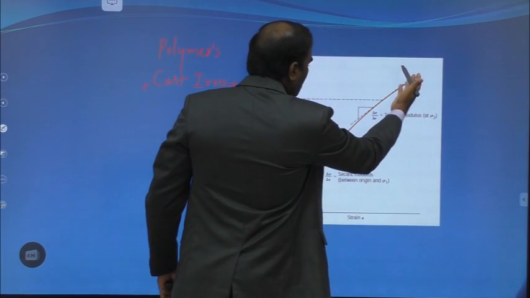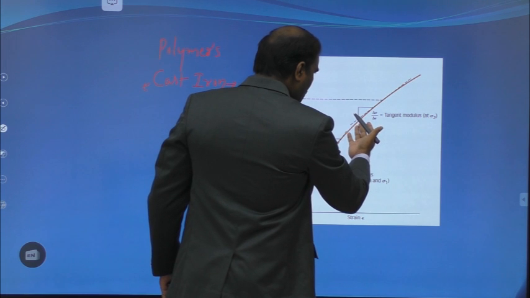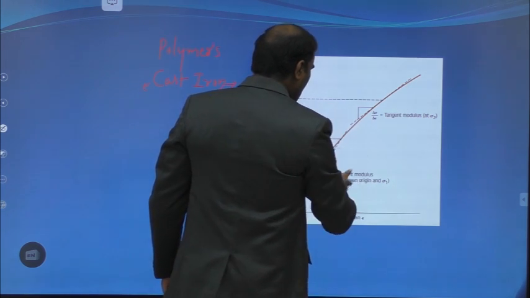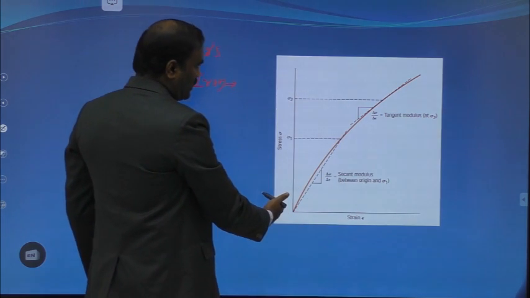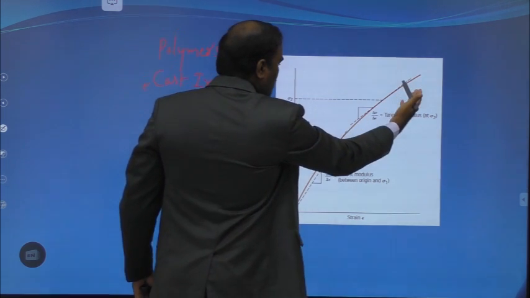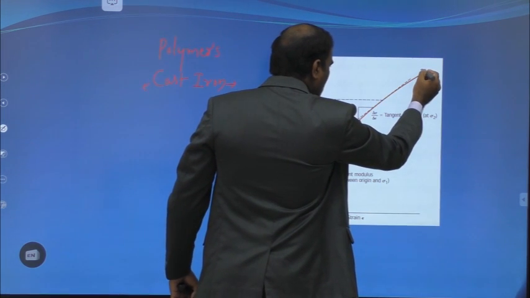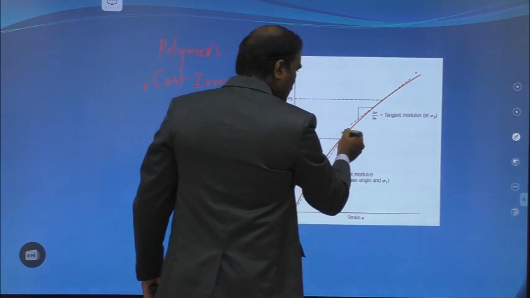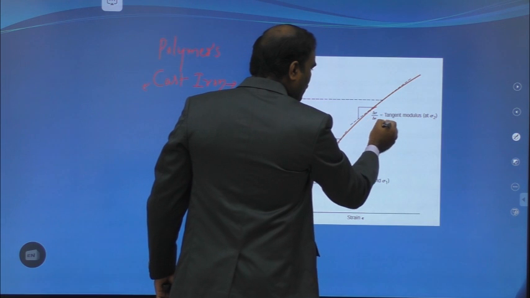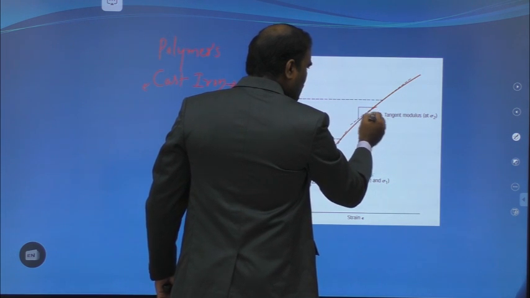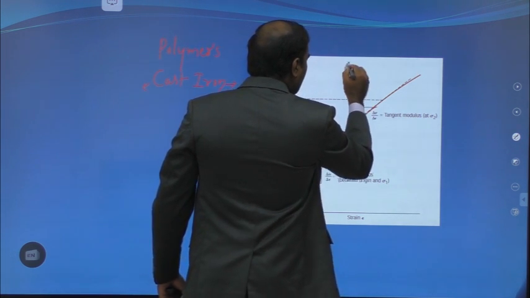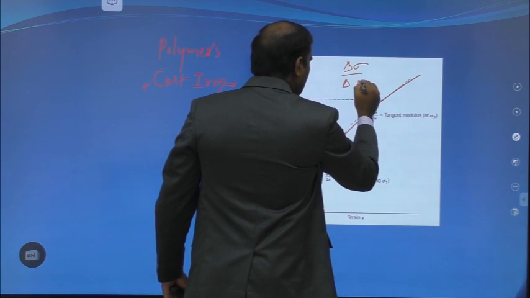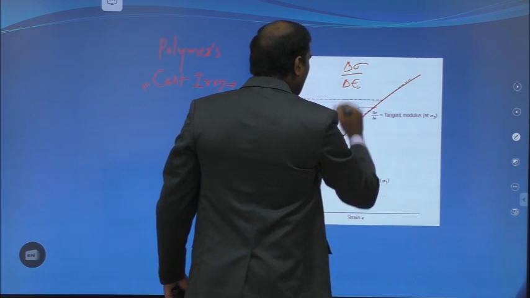You can take the tangent modulus, or you can take the secant modulus. If this is the curve, and you draw a tangent here, then the slope of that tangent is equal to delta sigma by delta epsilon.